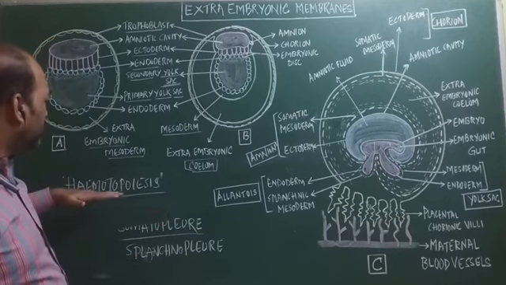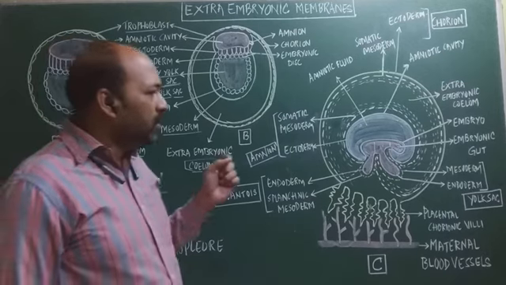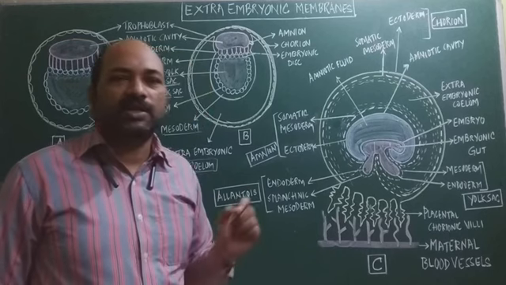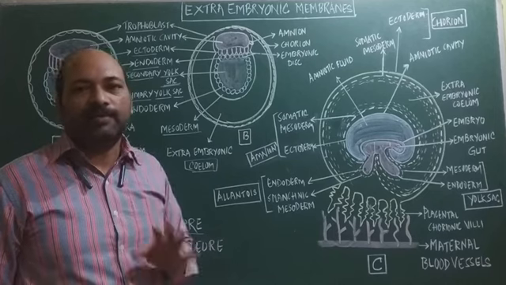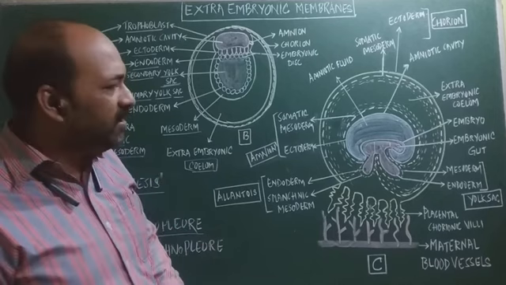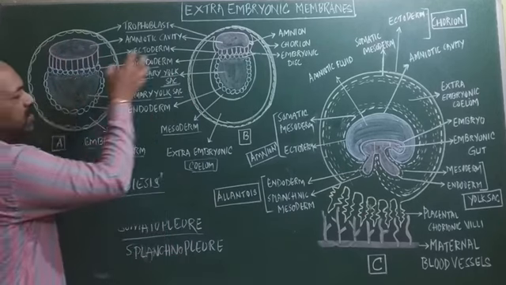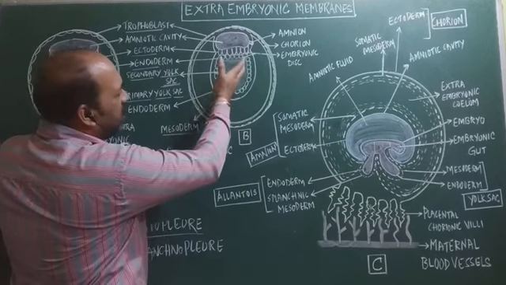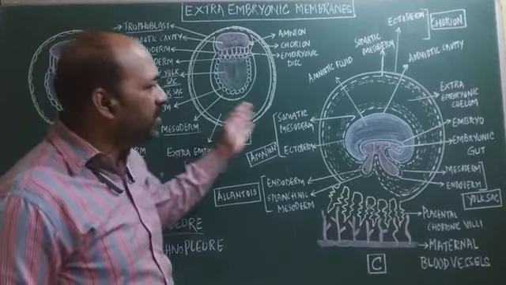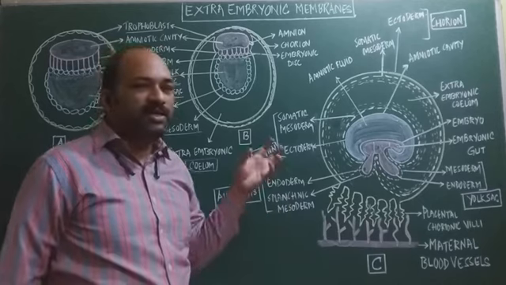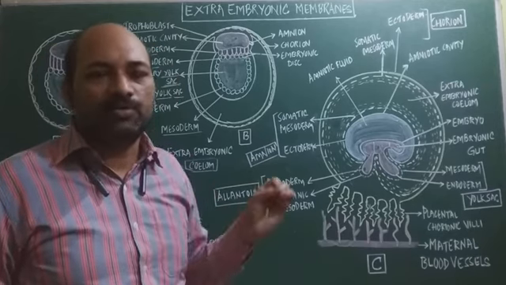The yolk sac continuously produces the blood cells up to the 7th week, and later this yolk sac, you can see the size here, this is the primary yolk sac, here it is the secondary yolk sac. Comparatively, the size of the yolk sac starts diminishing during the developmental stages, as it does not have a role in providing nourishment to the young ones.